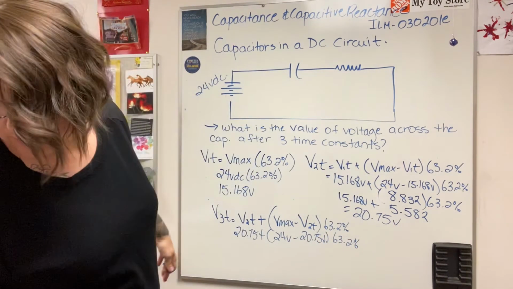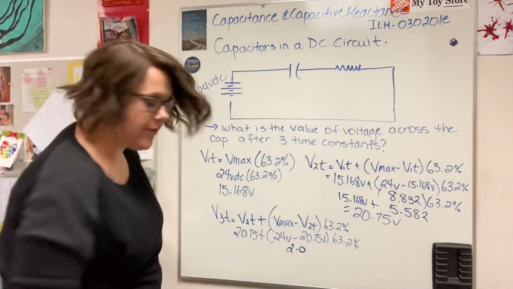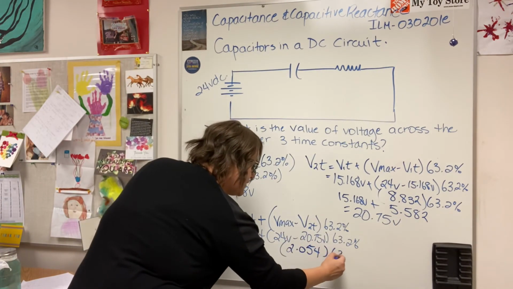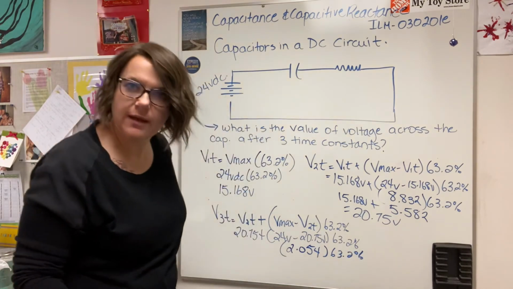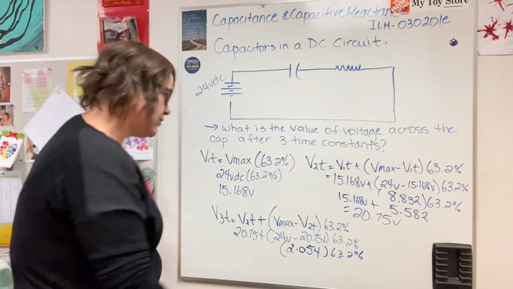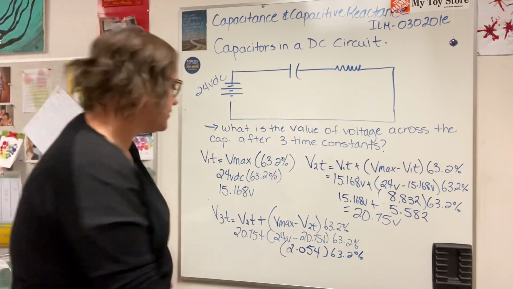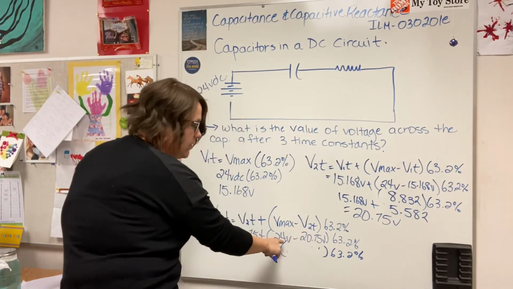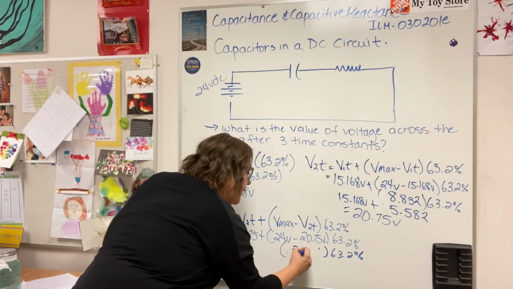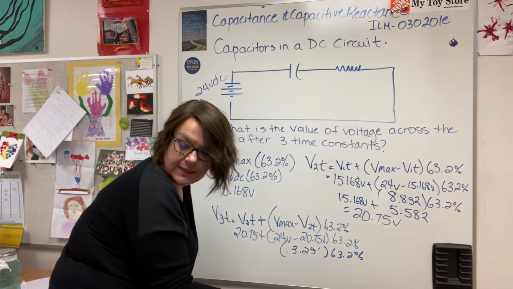Inside of my brackets, 24 volts minus 20.75 gives me 3.25. Then I apply the 63.2% to it, times 3.25 by 63.2%, and that gives me about 2.05.